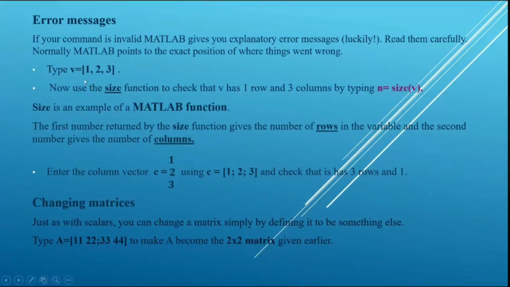Now, if we create a matrix V with 1, 2, 3, we will use the size function to check that V has 1 row and 3 columns. Size is an example of a MATLAB function.